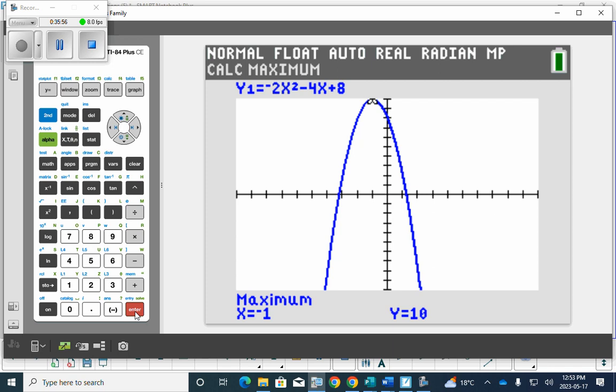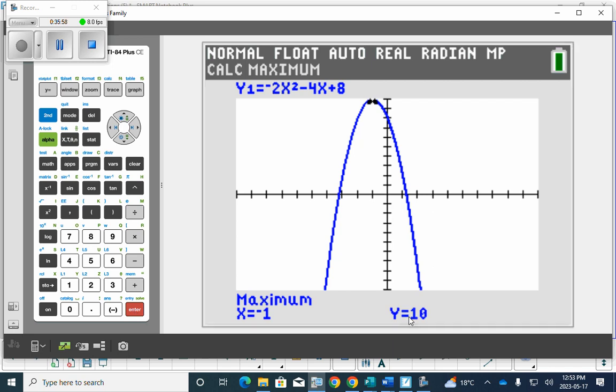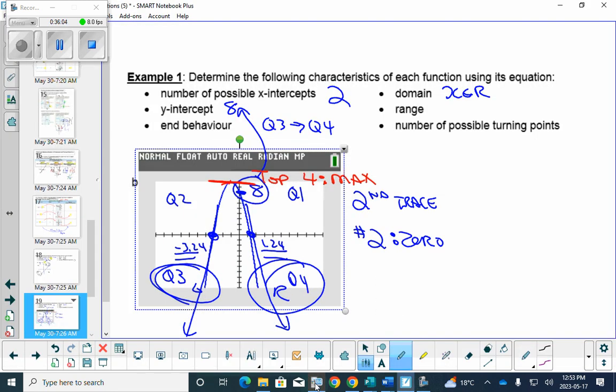Okay, so where is the top of this graph at? 10. Okay, so the top of this graph is at 10. Now, listen to the question. Are the y values on this graph smaller than 10 or bigger than 10?